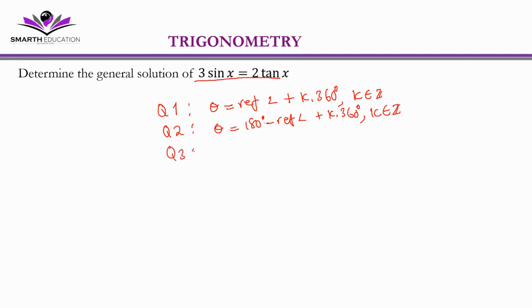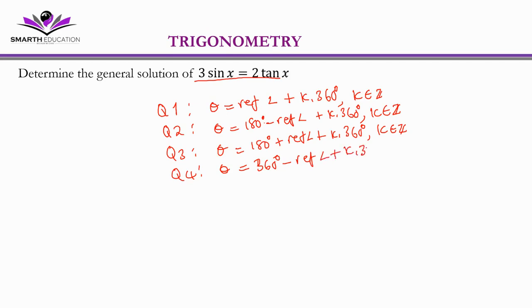And in quadrant 4, theta is equal to 360 degrees minus the reference angle plus k times 360 degrees, where k is an integer.